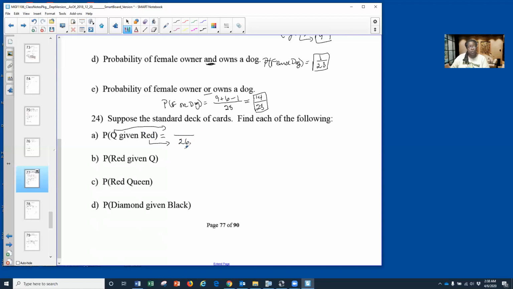But out of those 26, how many of them are queens? We know that there's 2. So you see, again, that word given shrinks our sample size down and lets us look specifically at a targeted group. So now we can simplify 2 over 26 and we get 1 over 13.